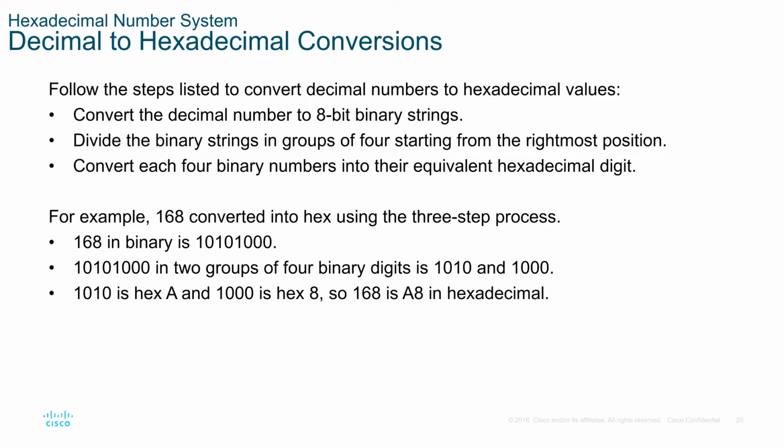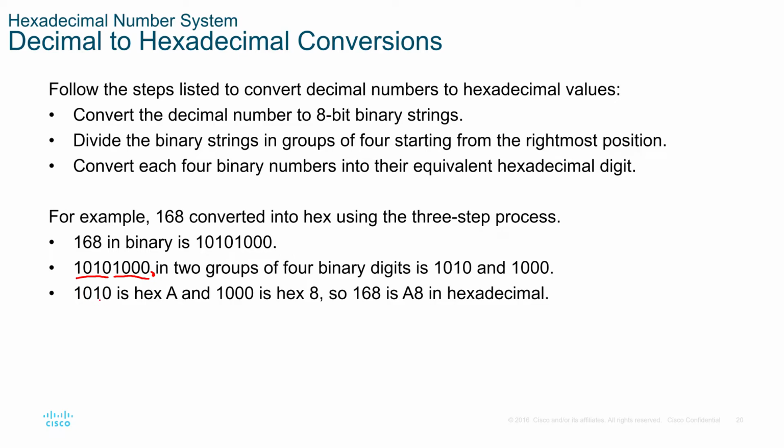In this example, 168 is converted into hex using a 3-step process. 168 in binary is 10101000. If we divide this number into 2 groups of 4, starting at the binary point or radix point, we read each group as if it was 8, 4, 2, and 1.